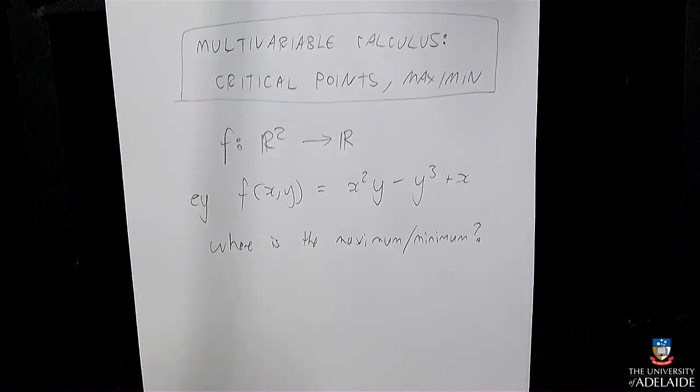So it's a similar problem to ordinary, one-dimensional calculus, where we had a number. Where we have a number that gets spit out, and we just have an x instead of both an x and a y, and we try and figure out which x's make the output the biggest or smallest. And one of the ways of dealing with that is just to find the local maximums and minimums, which are the places where it's bigger or smaller than the ones nearby.